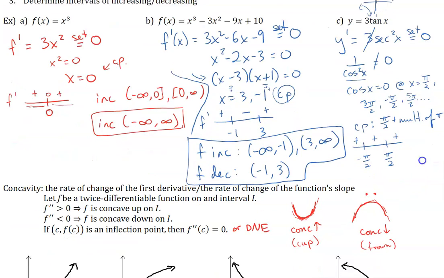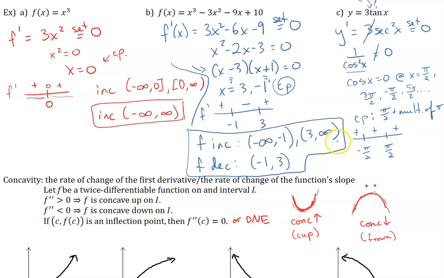Okay, so I can say that my function is increasing. Now, not quite everywhere. Remember over here, we said it was increasing everywhere because it increased all the way through 0. But remember that tangent does not exist at negative pi over 2 or positive pi over 2. Okay, so we can't say it increases everywhere. We can say it increases everywhere that it exists.